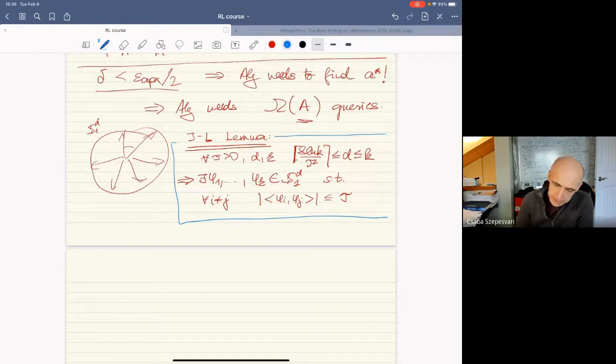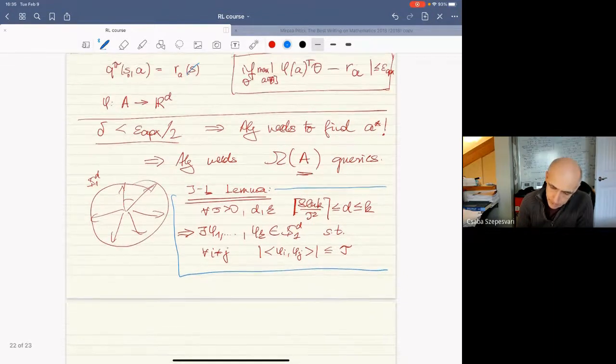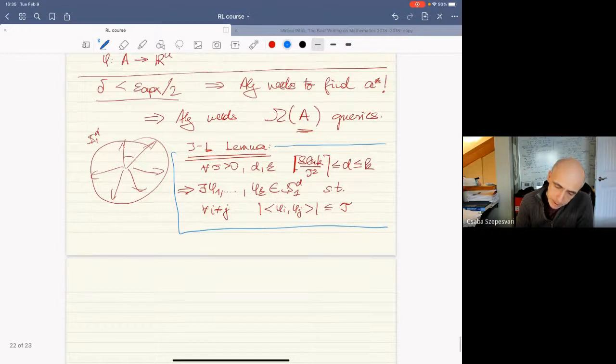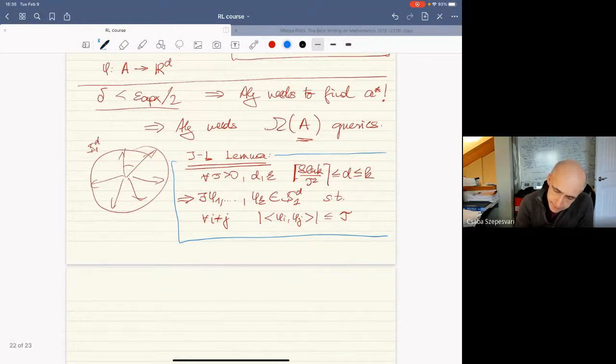So how can we use this? Well, realize that the condition between d and k is that k can be exponentially larger than d, right? Yes, k can go up to e to the d, right?